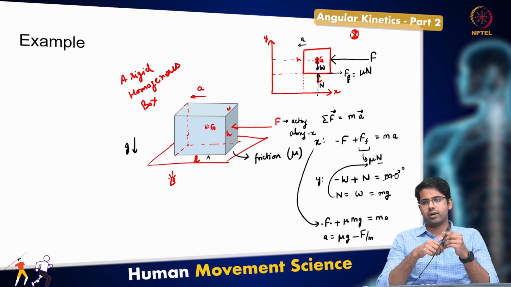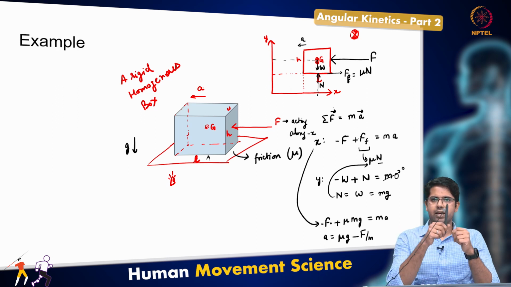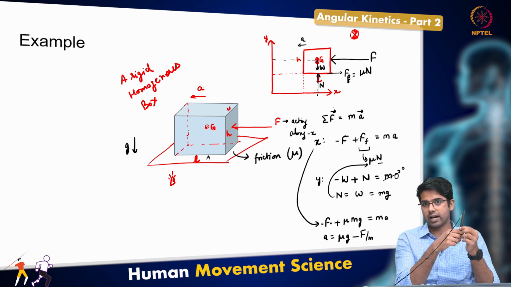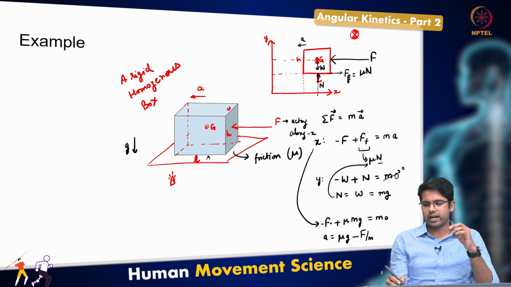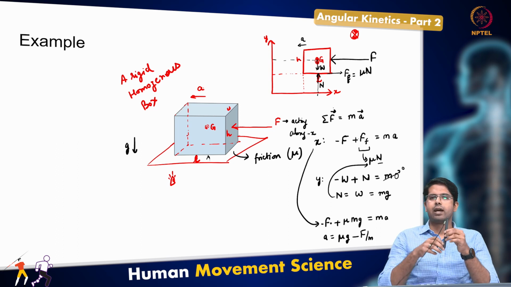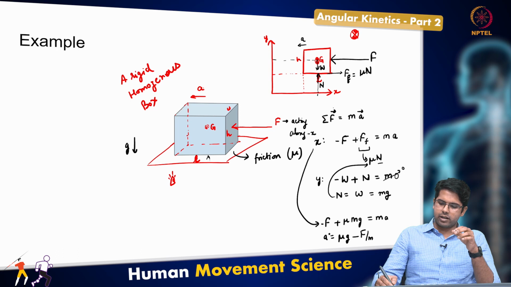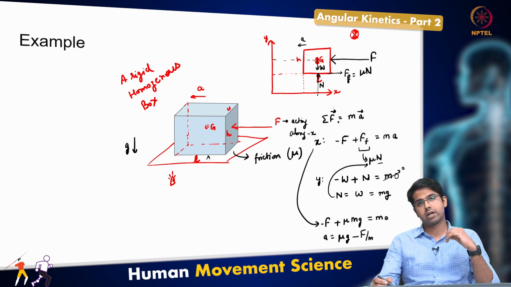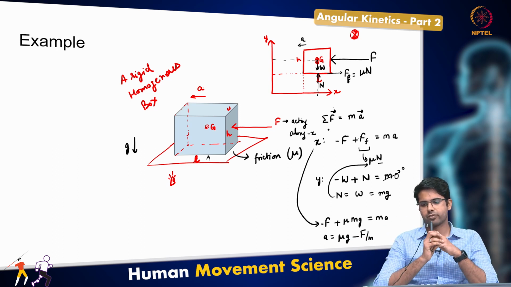So if I have an object moving in space and I know the position of this object at different instances of time, and that is the only measurement I have, then I can calculate acceleration from that, and I can plug it into Newton's second law, and I can calculate the net force acting on the body that is giving it that kind of acceleration, right?